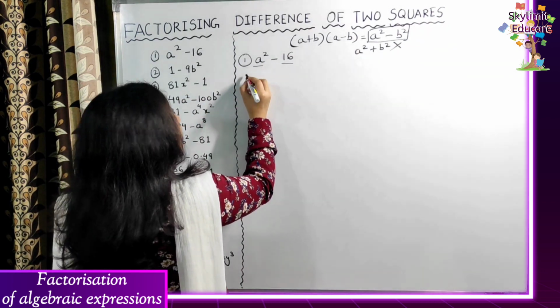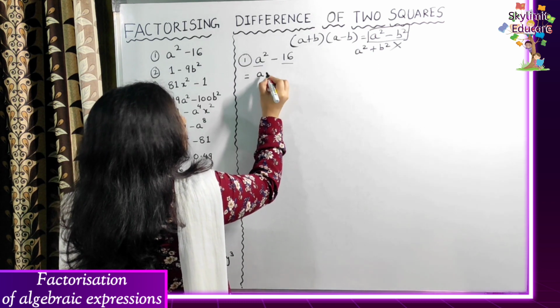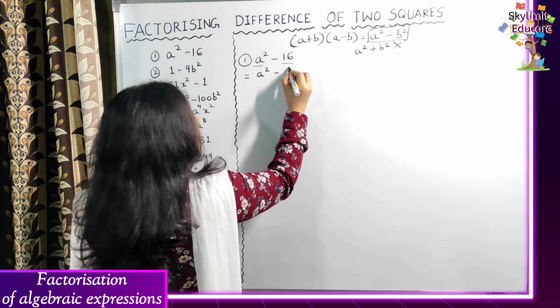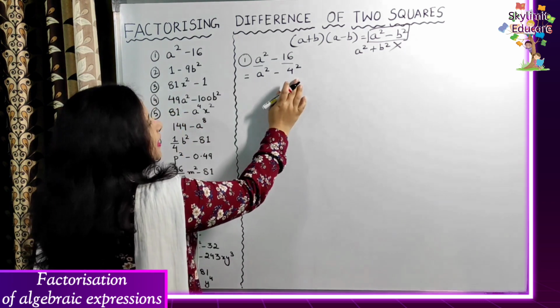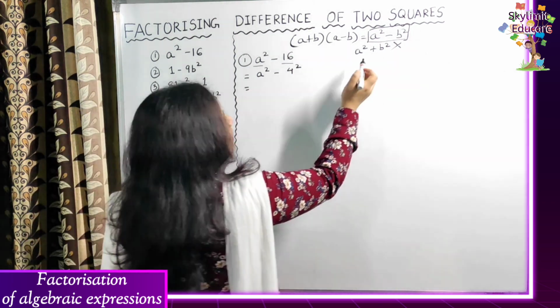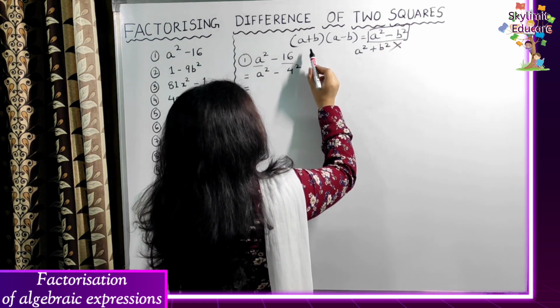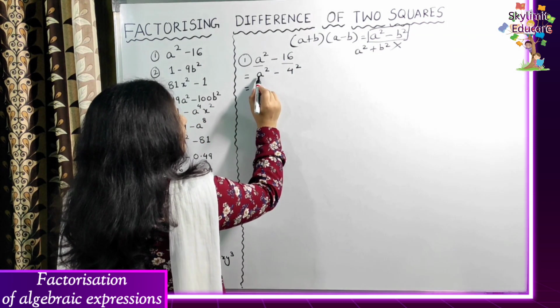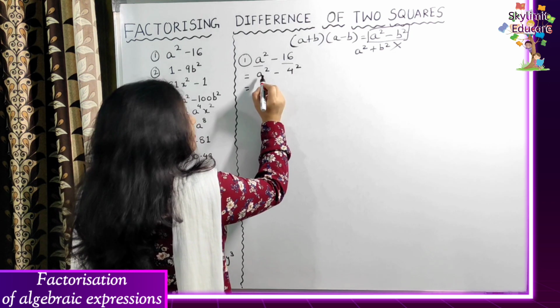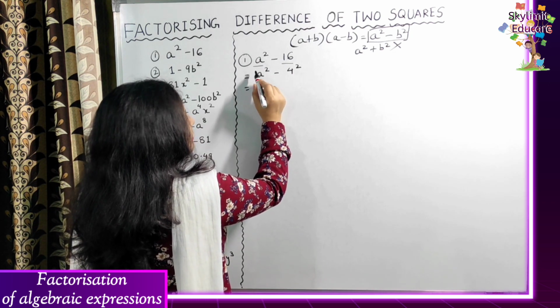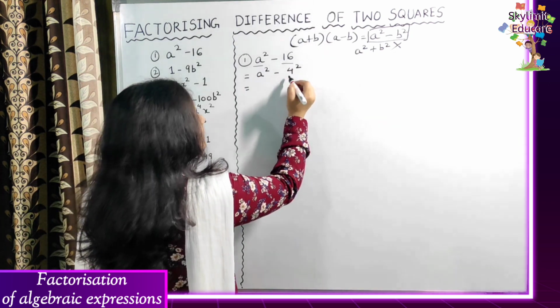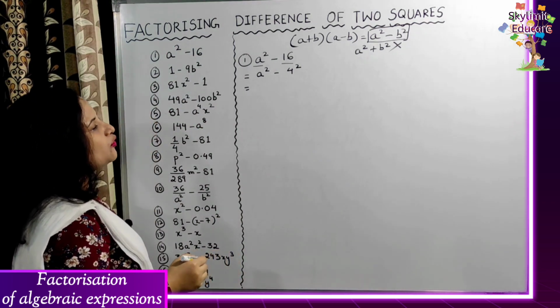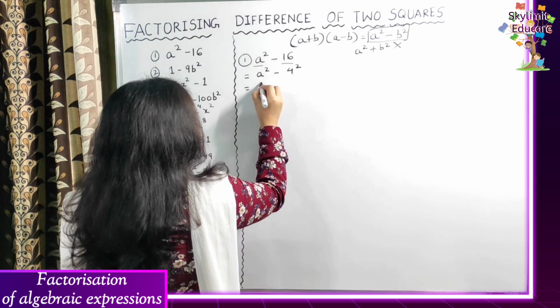So now this can be written as the square of a minus the square of 4. That is what we know: a square minus b square is the same as a plus b multiplied by a minus b. So what is a here? a will be the square root of the first term and b will be the square root of the second term. What is the square root of a square? a.